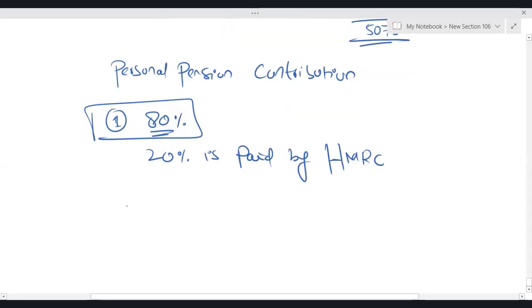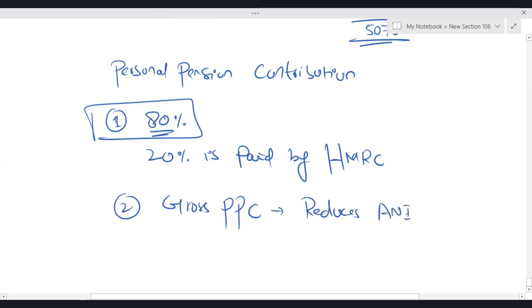Second, gross PPC reduces adjusted net income, which we have seen. Logically, if your adjusted net income is 1 lakh or less, then your personal allowance does not reduce.